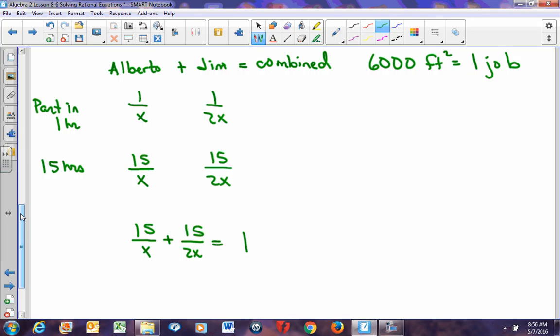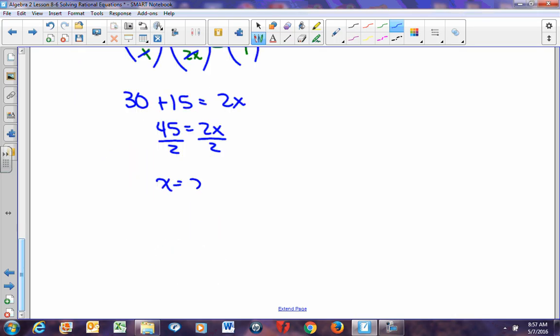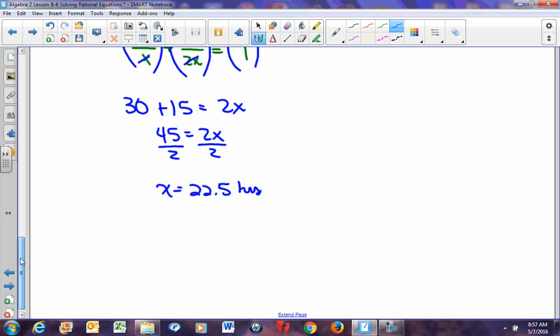Now to solve this rational equation, I just need to multiply by the common denominator, which happens to be 2x. So we'll multiply everything by 2x. This x cancels with this x, that's 30, plus this 2x cancels that 2x, plus 15 equals 2x. So we get 45 equals 2x, divided by 2, x equals 22.5 hours, which makes sense because that's more than 15 hours.